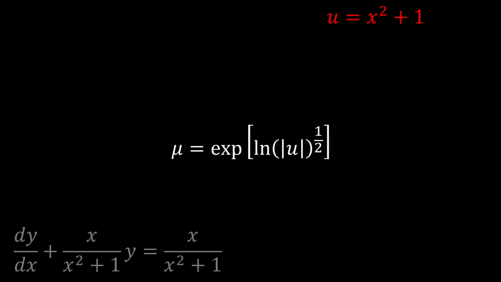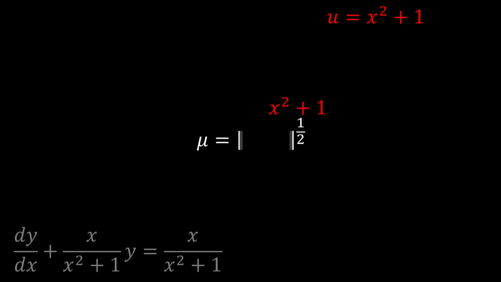Excellent. When we have an exponential of a natural logarithm, the exponential and the natural logarithm cancel out as such. And let's not forget to plug in our definition for u like this. Great, so we're almost there.